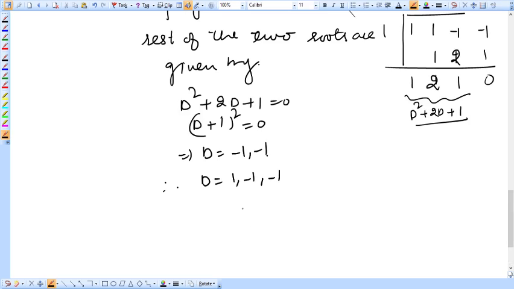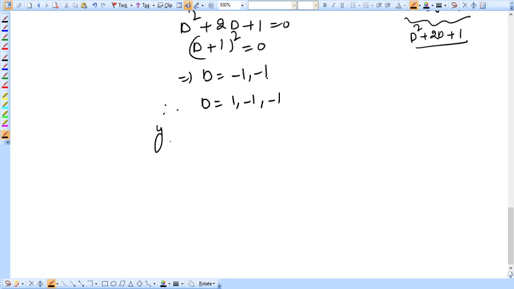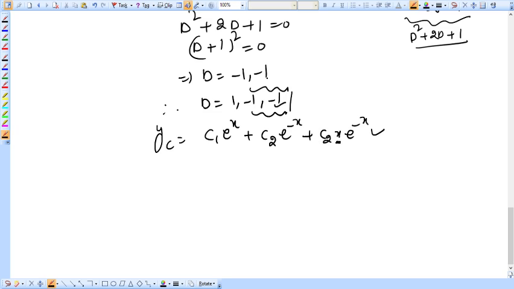Therefore the complementary solution is c1 e raised to power x plus c2 e raised to power minus x plus c3 x e raised to power minus x. These are repeated roots, therefore we multiplied the third term with x, because it was a repeating root. So this is the complementary solution.